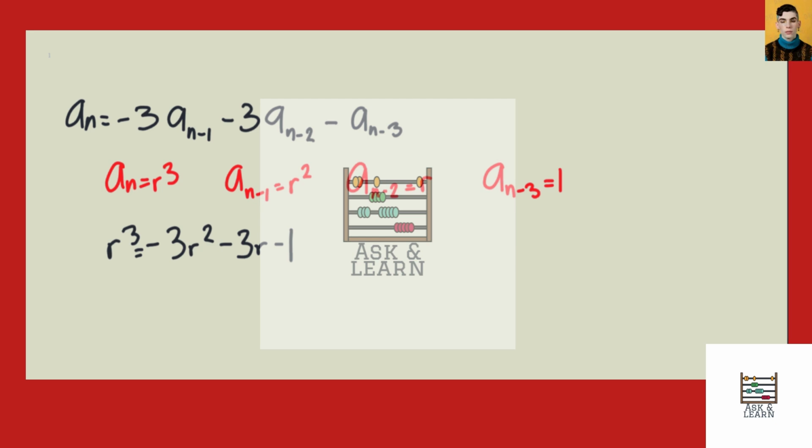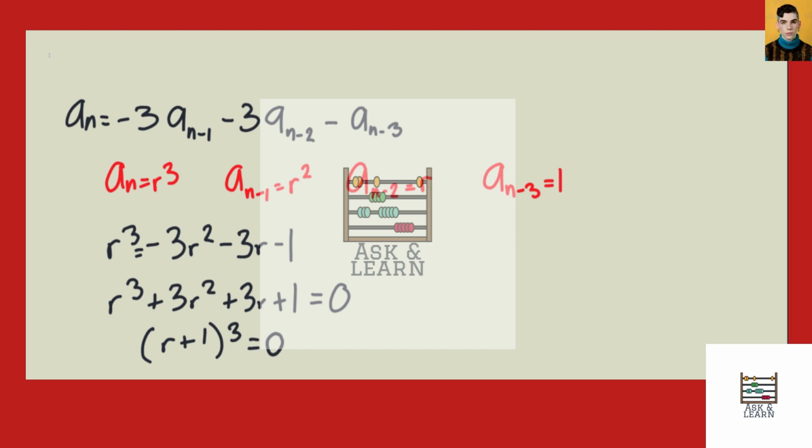And when we move everything over to the left-hand side, we get r cubed plus 3r squared plus 3r plus 1 is equal to 0. And then we factor, and when we factor this, we get (r plus 1) cubed is equal to 0.